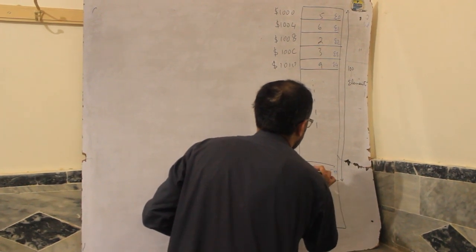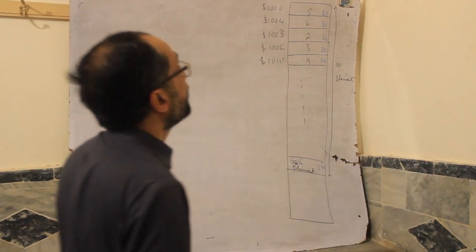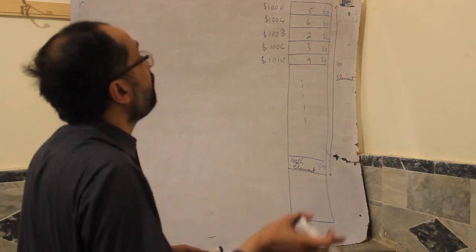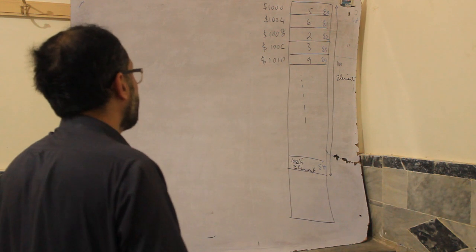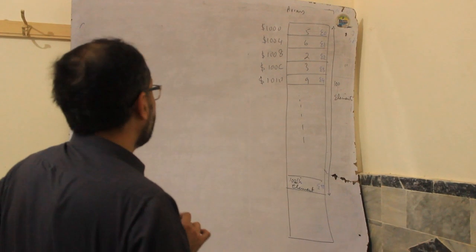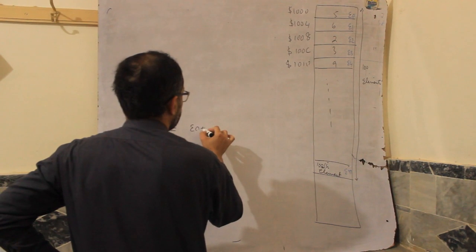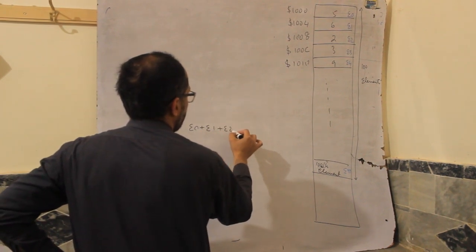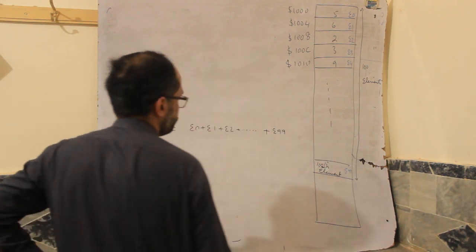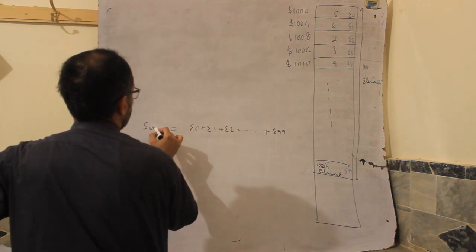We want to write an assembly language program that sums all the elements of the array and stores the result in some register R2. So at the end, R2 should be equal to E0 plus E1 plus E2 plus so on, plus E99.